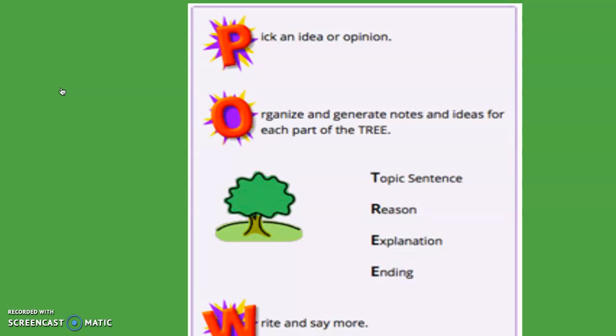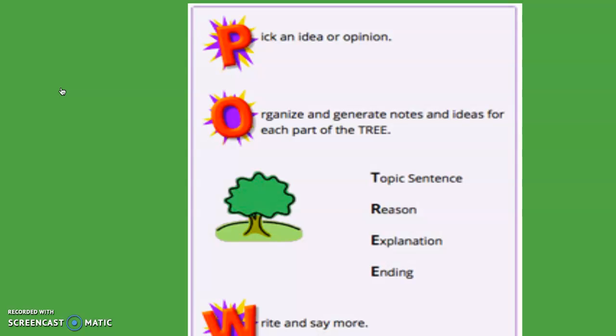You see here the same graphic that we have in our classroom. You see the mnemonic POW and you see the mnemonic TREE. Well, we know that POW means to pick an idea or opinion. That's our first step. The second step is to organize our notes and generate ideas.